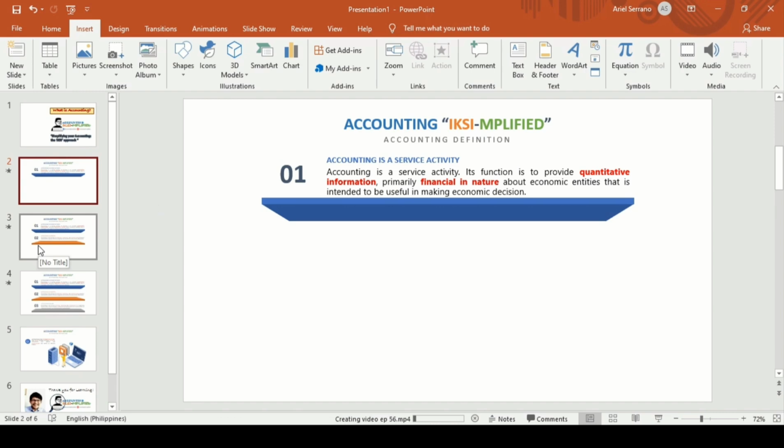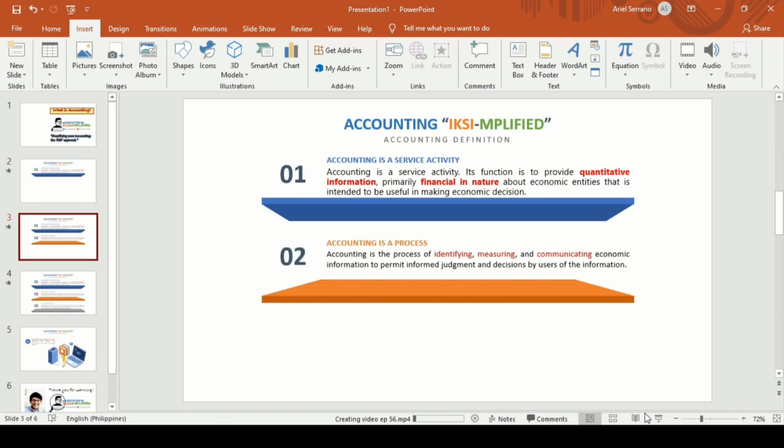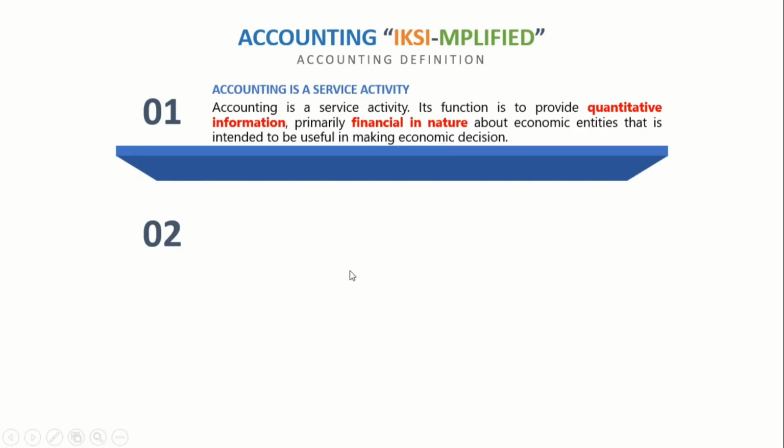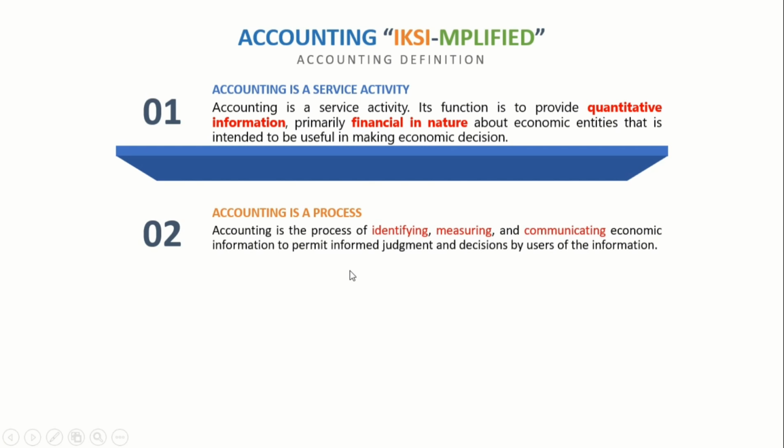Okay. Next, let's proceed with the second definition. Accounting is a process. When we are talking of accounting as a process, it is the process of identifying, measuring, and communicating economic information to permit informed judgment and decision by users of the information. I highlighted the three words: identifying, measuring, and communicating.